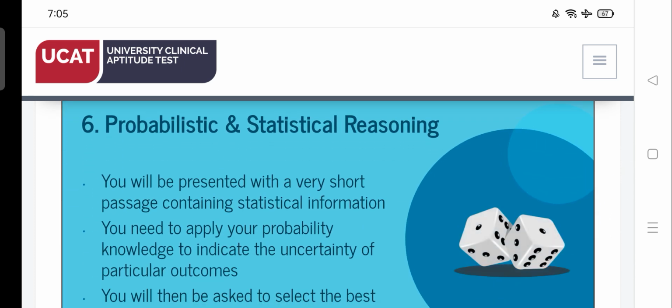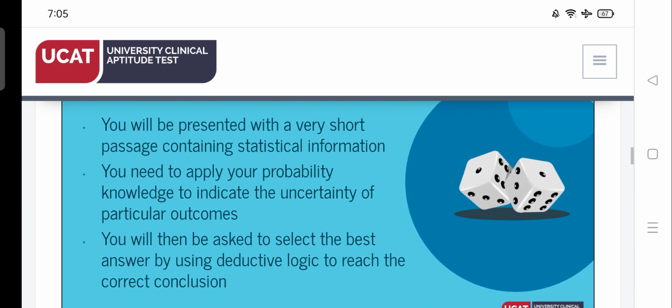The last type of decision making question is probabilistic and statistical reasoning. You will be presented with a very short passage containing statistical information. You need to apply your probability knowledge to indicate the uncertainty of particular outcomes.